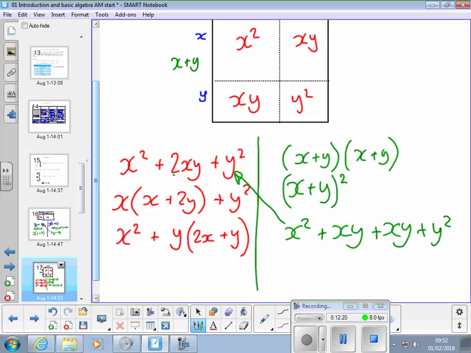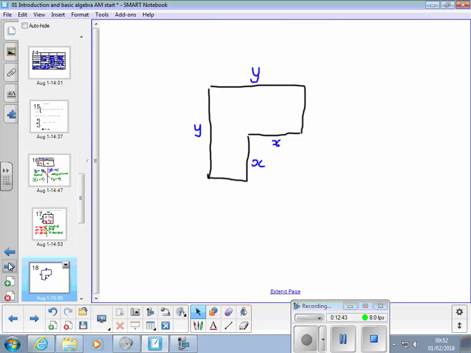But you can't always factorize both the variables in an expression like that. I'm going to skip over that one for the time being.